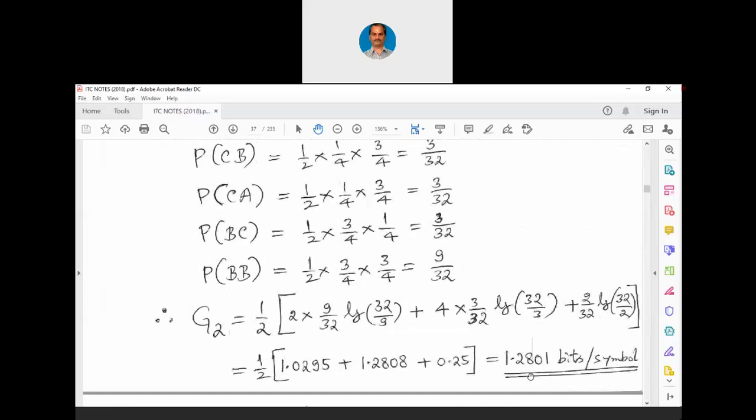Ultimately, if n tends to infinity, Gn tends to H, the source entropy itself. That is when I was telling you the example of English language, Sanskrit language and even Chinese language. And I was telling you that when the number of symbols increases, it doesn't mean that the information content increases.